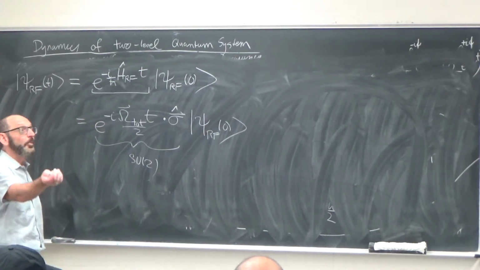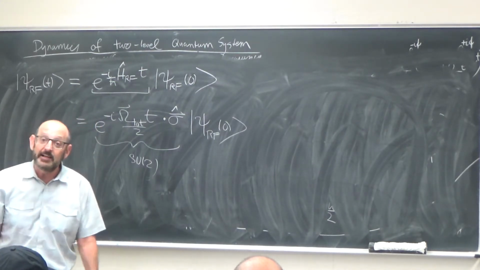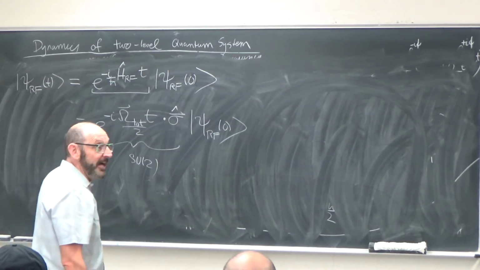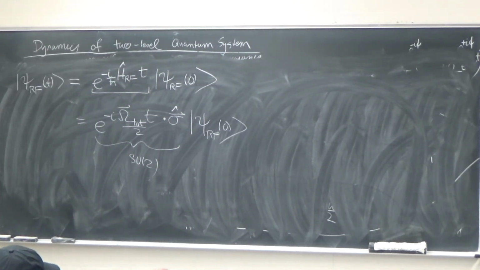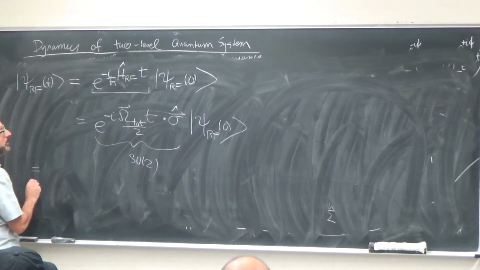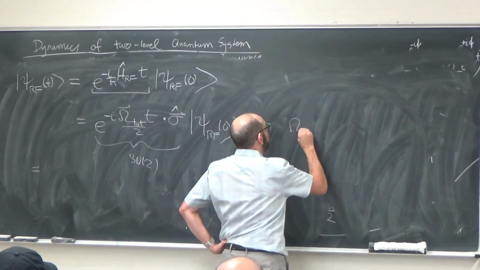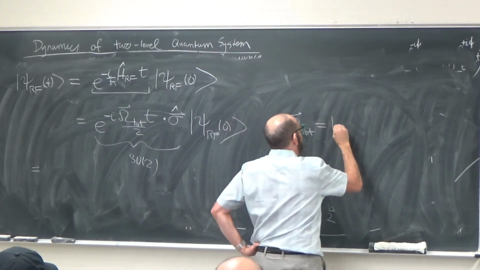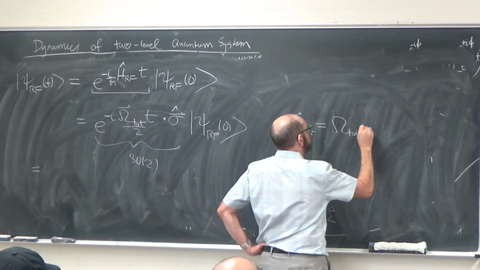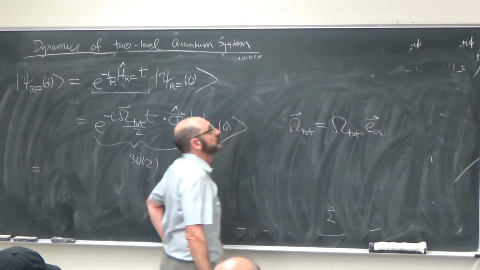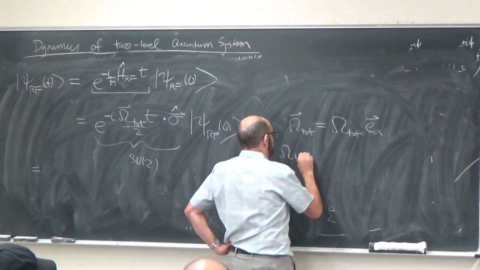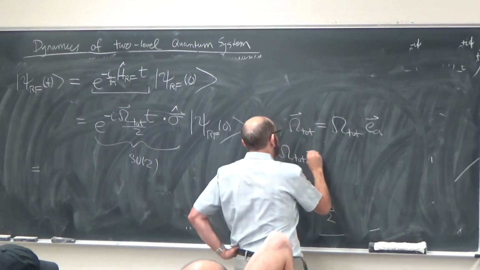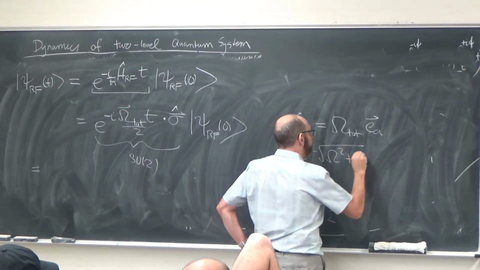We can only take spin from one direction to spin in another direction. And that is a rotation operator. There's no other kind of time evolution in the system for a two-level system. It's to take a spin in one direction and move it to another direction. This operator is equal to, so let me write omega tote as having magnitude and a direction. The axis. The magnitude here is the magnitude of that vector, which is the square root of the Rabi frequency squared plus delta frequency squared.